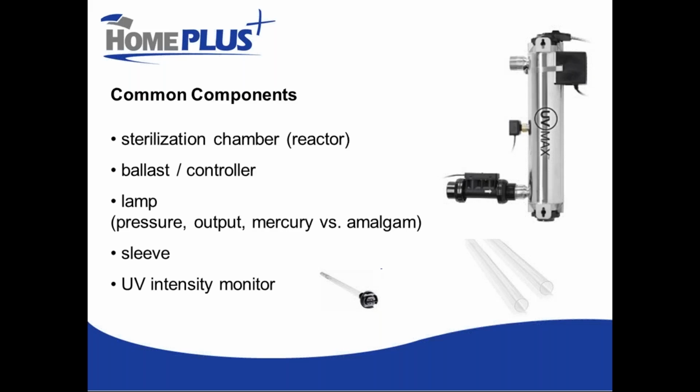So it's very important that you use the correct lamp to ensure that your validation is still valid. Your electrical safety certifications are valid, and we've seen actually a fair bit of evidence in some of the non-genuine lamps on the market that they do not have the same life.